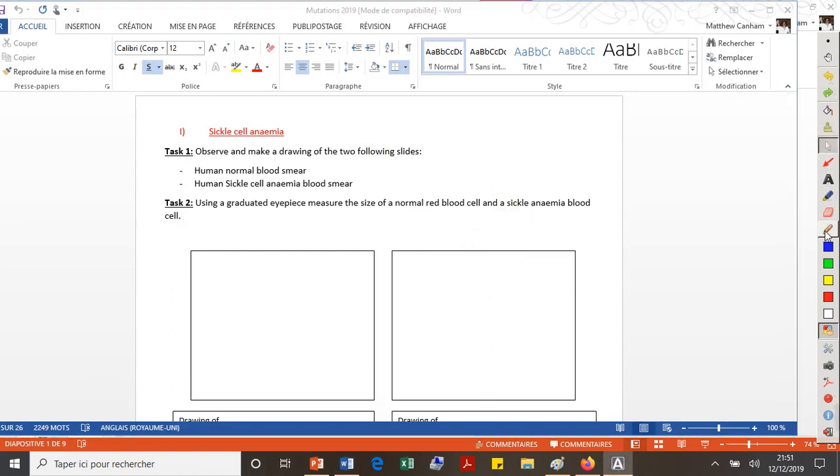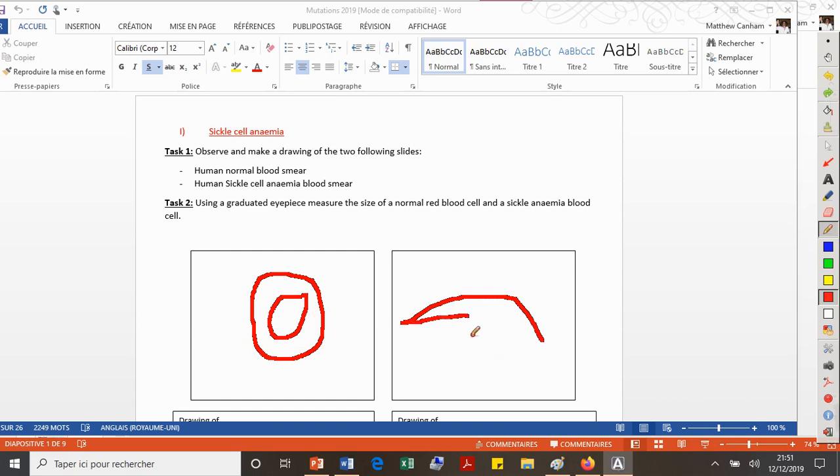So if we are to draw them, we're going to have, for a classic red blood cell, a nice circular shape, and for a sickle cell, a sickle shape.